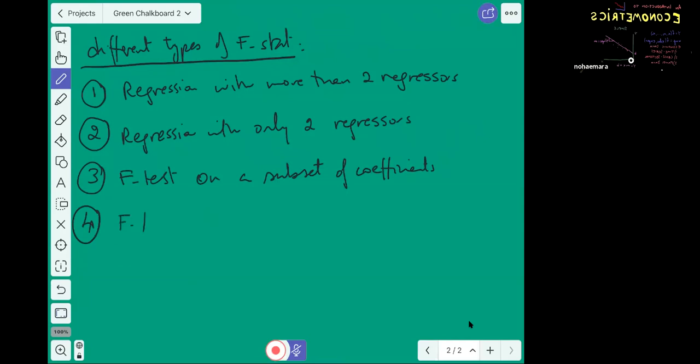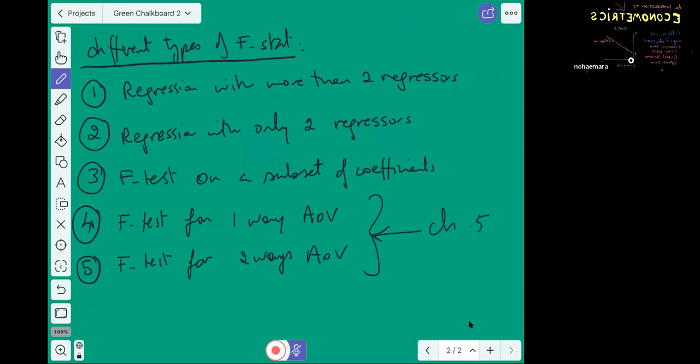F test for one-way analysis of variance. And we have the very last one, which is the F test for two-way analysis of variance. Okay, so the ones discussed in chapter 15 are actually these two, which is our reading for this week.